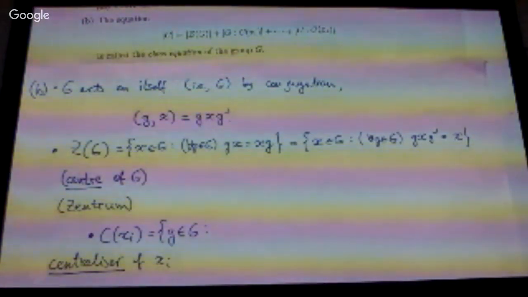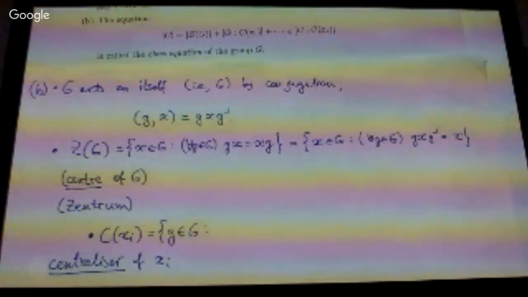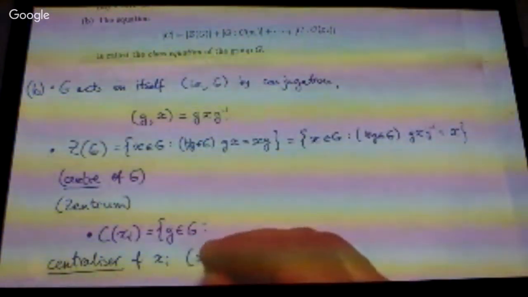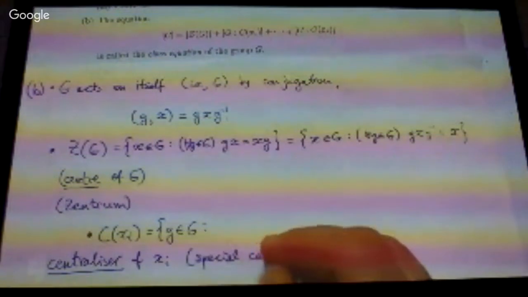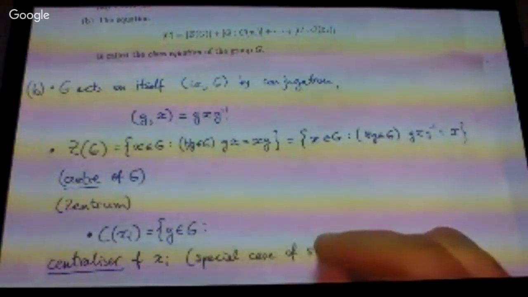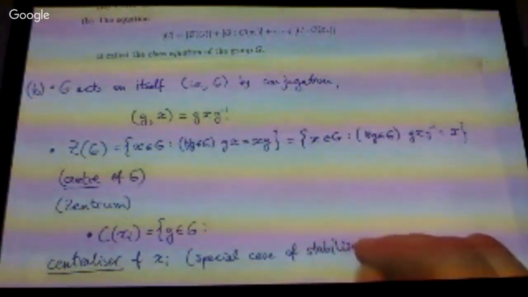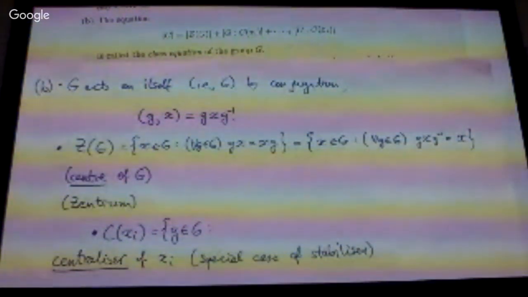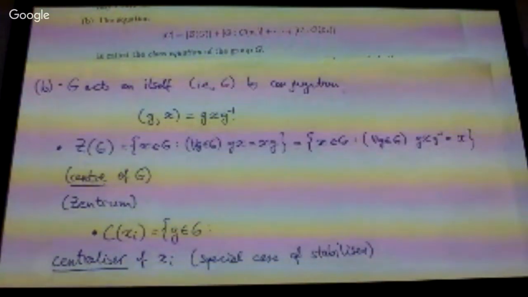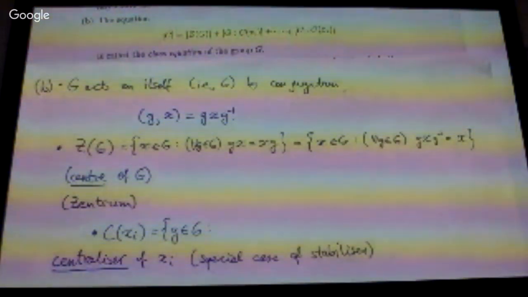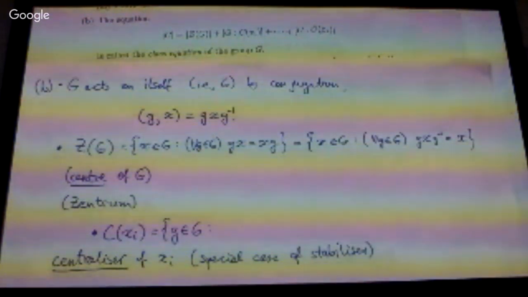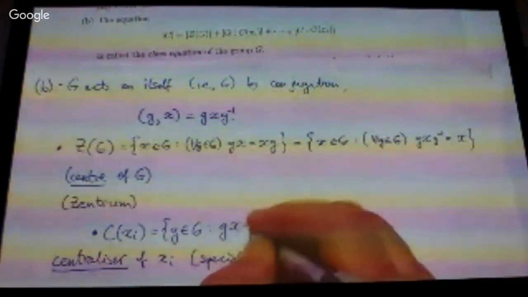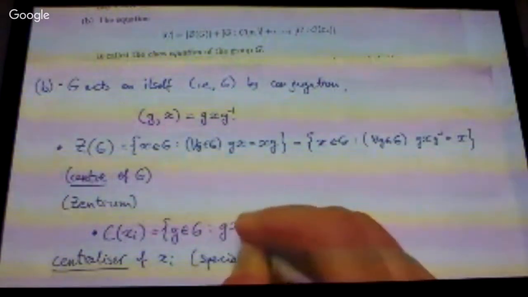I like to remember that it's just a special name for the stabilizer. Stabilizer is the generic term. So it doesn't move xi in the conjugation action.